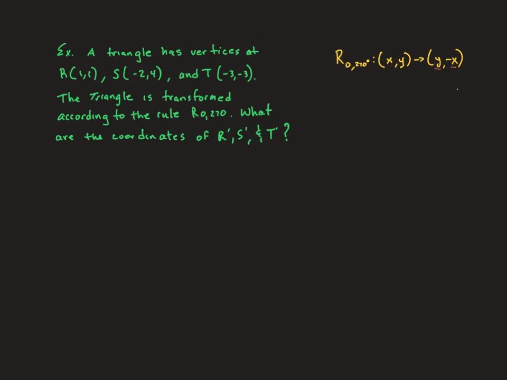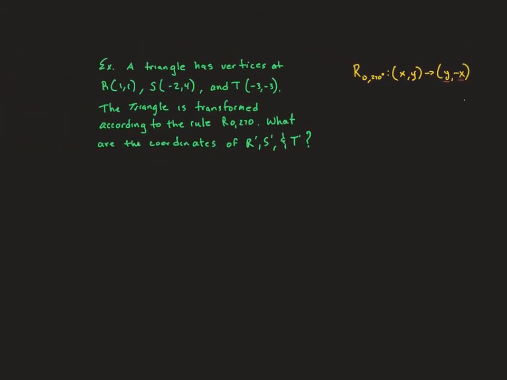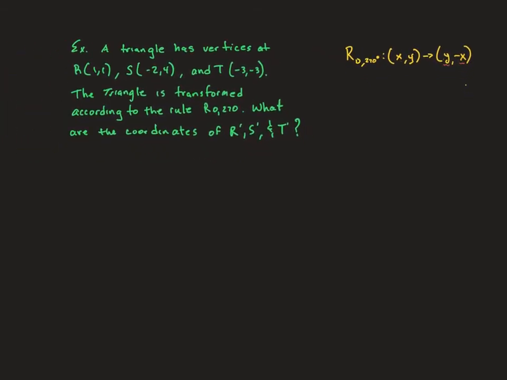So when we're doing our mapping, my x, y maps to y, -x, okay? So when I take point R, and that is 1, 1, it is going to map to R prime, which is going to be 1, -1. So I'm just doing my substitution.